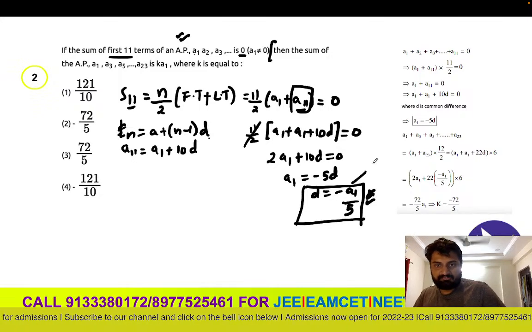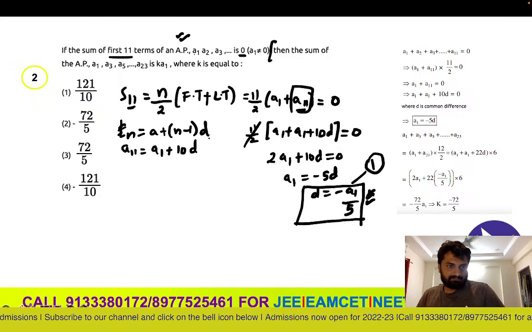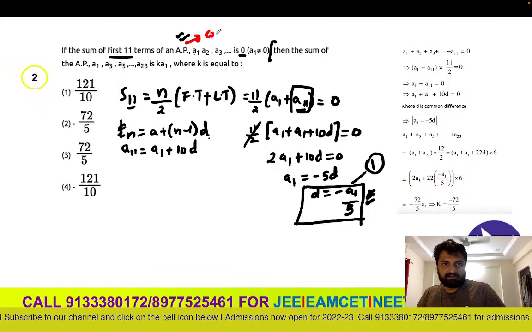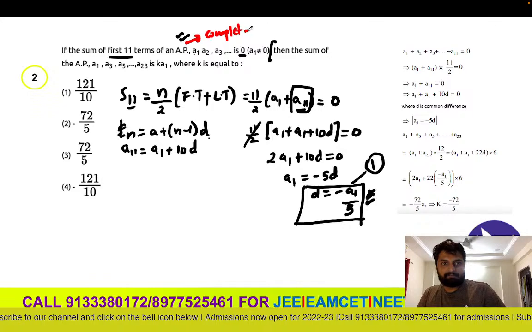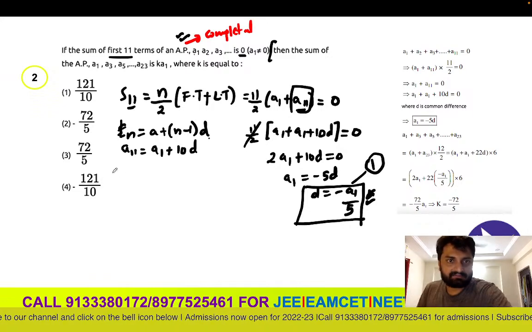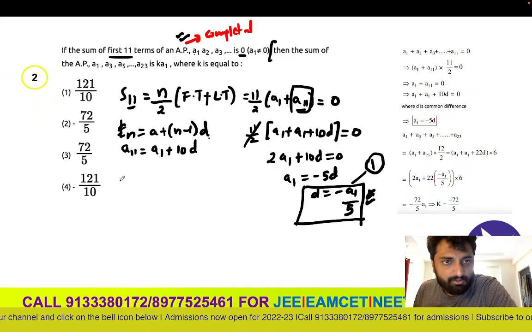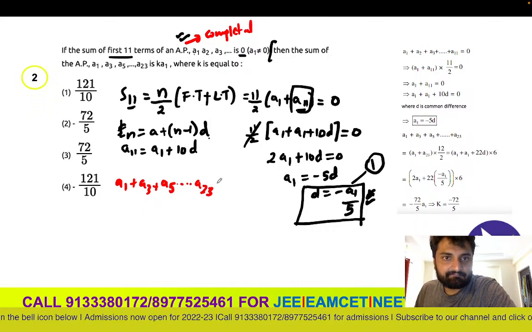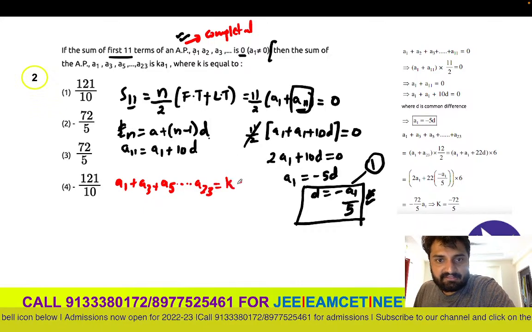So this is my first equation. The first part is completed. Now what is the second part? They are saying the sum of A1 plus A3 plus A5 up to A23 is nothing but K A1.